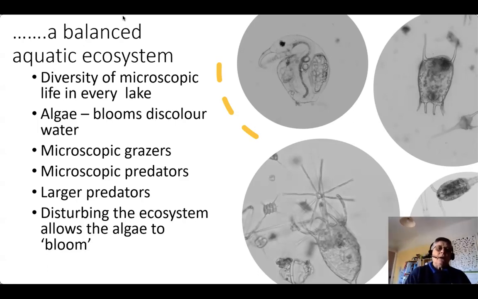Okay, if we have an unbalanced ecosystem, if it becomes disturbed, then we might lose all the grazers, which in turn affects the numbers of predators. And at that point the balance is in favor of an algae bloom. And of course, we very much know that algae blooms discolor the water. There's also quite a lot of evidence that algae blooms can enhance the spread of certain fish parasites, certainly things like flukes.